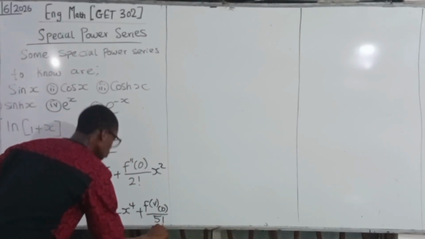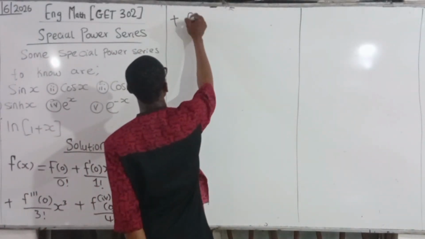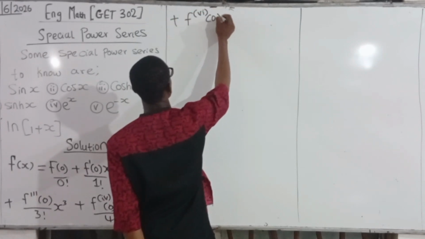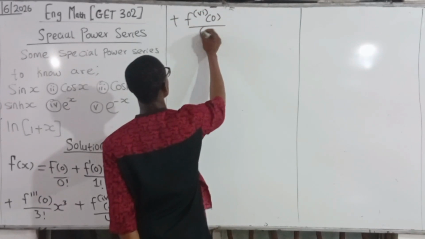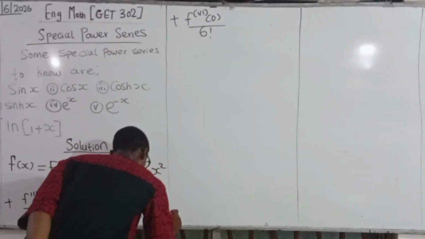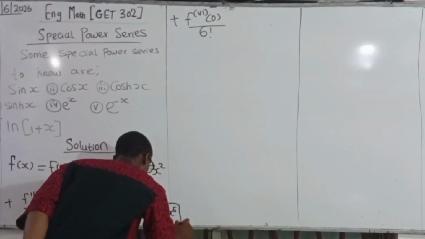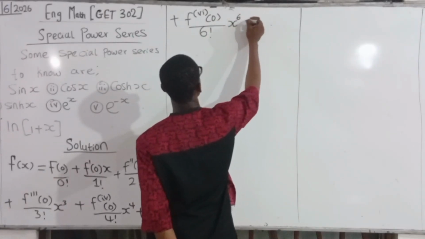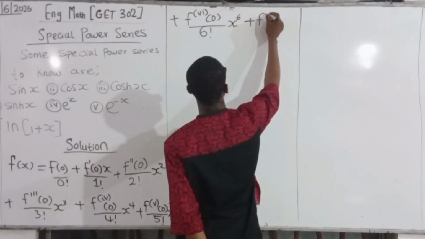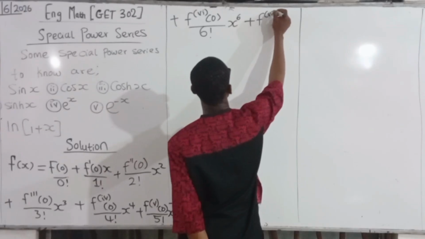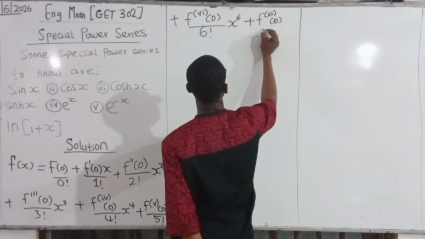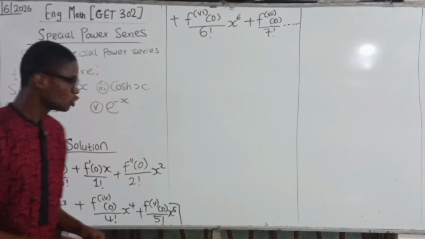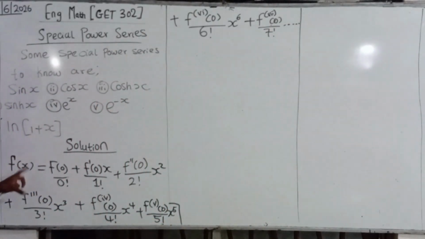We can still go on to get plus f sixth derivative of 0 all over 6 factorial. Take note that this will be x raised to the power 5 and this will be x raised to the power 6, plus they will have the 7th derivative of 0 all over 7 factorial, and it will keep on going.